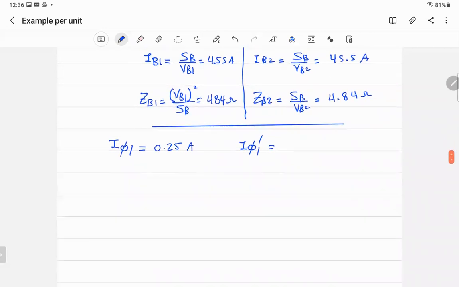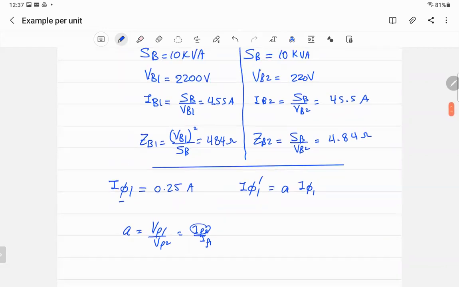I know I don't have a strong memory, so I always say A is equal to VB1 over VB2, IB2 over IB1. I want to change side one, so I'm getting IB2, like IB1 dash. So I multiply IB1 by A, the A times I. The turns ratio, we don't have the turns, but we have the turns ratio.